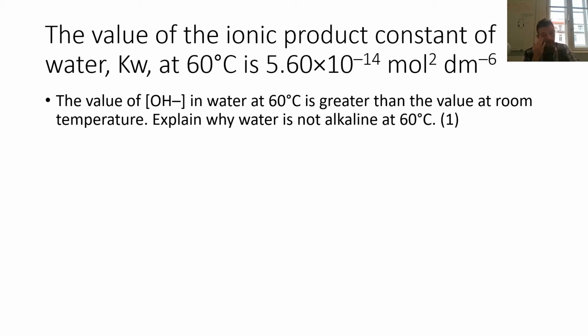So the value of OH minus in water is greater than the value at room temperature. Explain why water is not alkaline at 60 degrees Celsius. So basically what they're saying is this. You found out the concentration of H plus was equal to 2.37 times 10 to the negative 7.